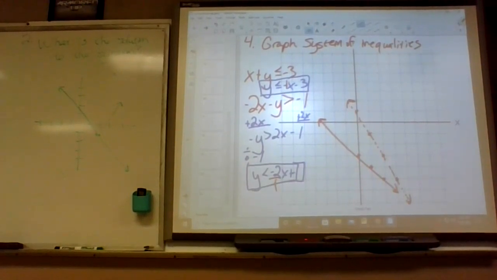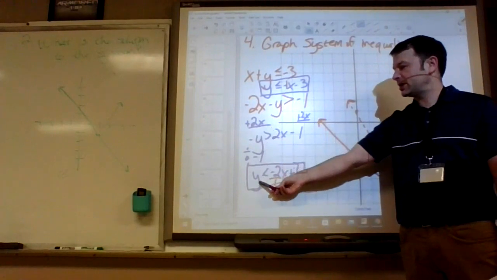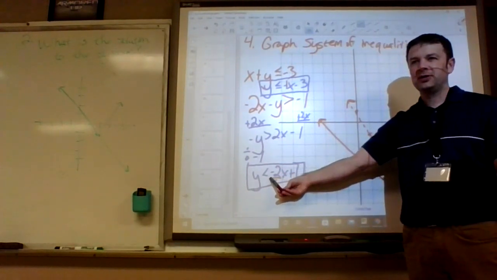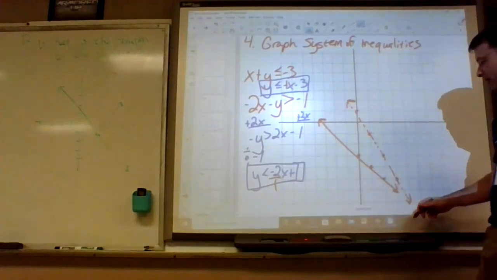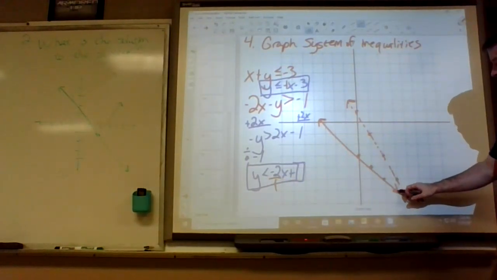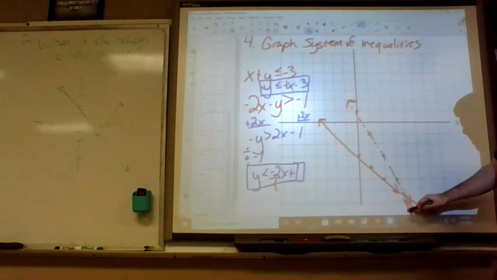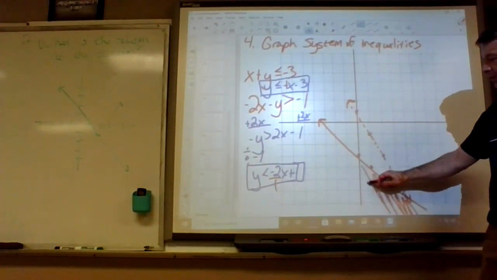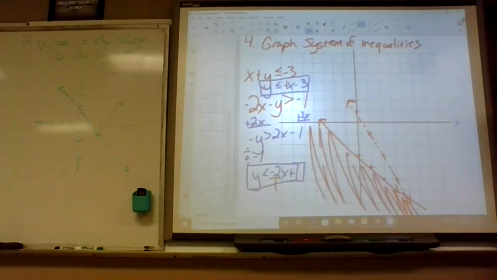Okay, is this a shading problem? Yes. So on my first line it says y is less than, and on my second line it says y is less than. What does that mean? Below both of them. So this picture isn't that good because they don't cross yet, but if they did cross, it'd be right there.